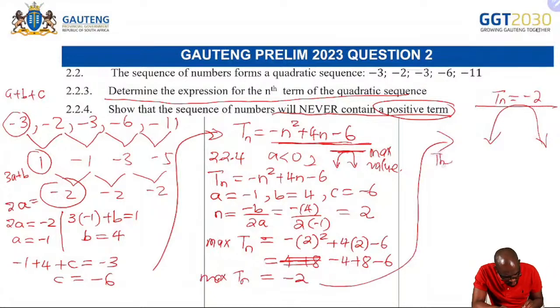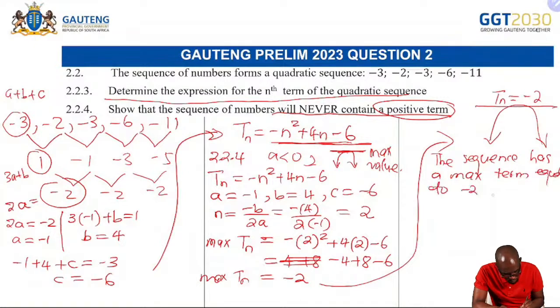The sequence has a max term equal to negative 2.